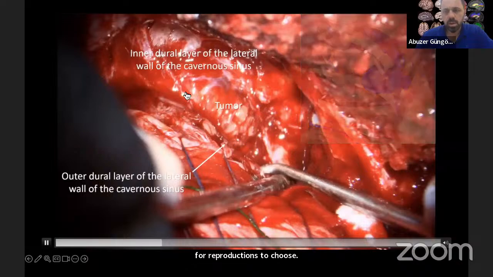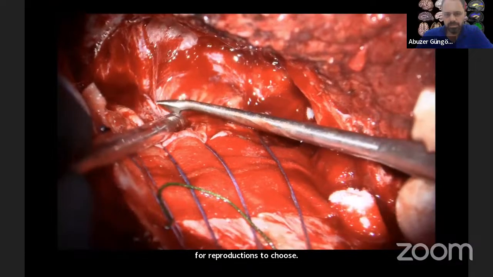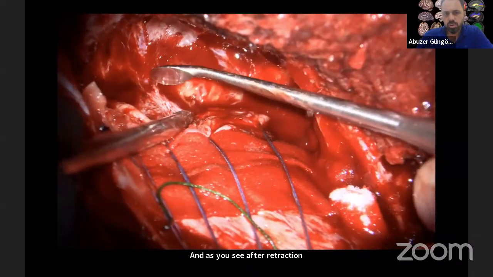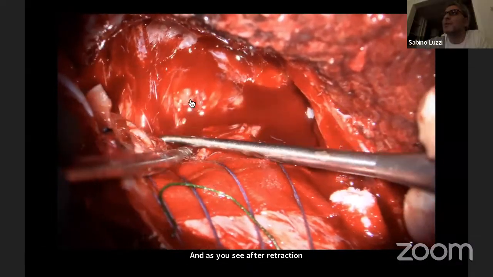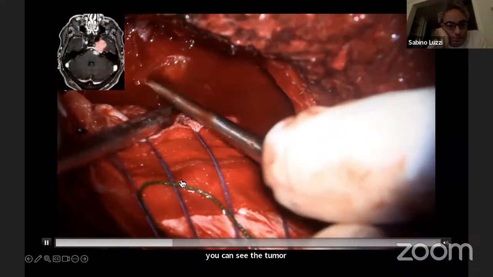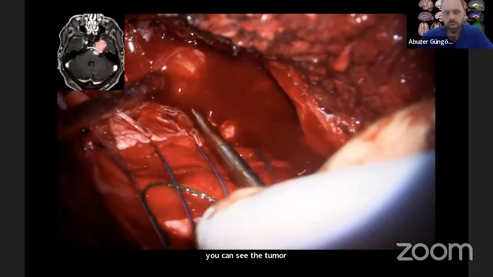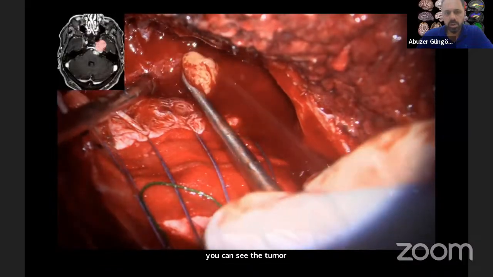And as you see, after retraction, you can see the tumor. And we start to remove the tumor between the branches of the V2.